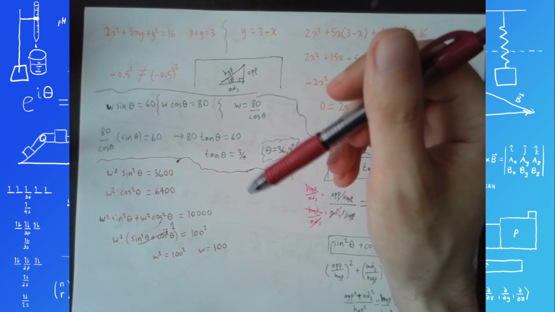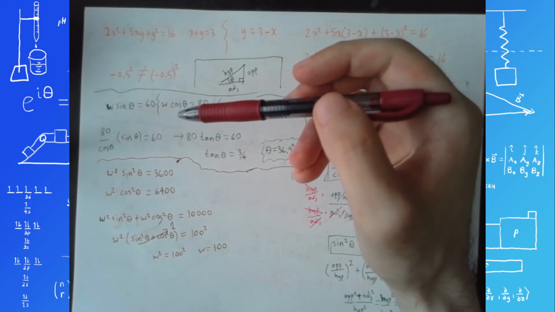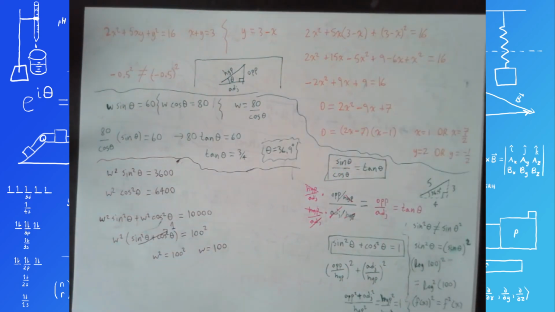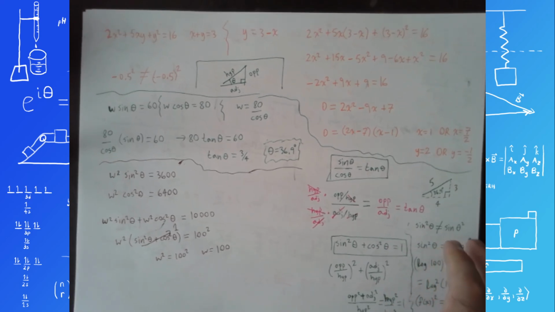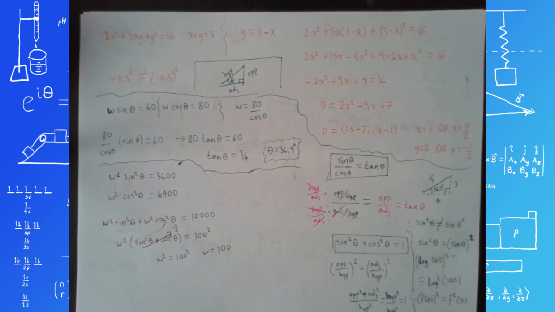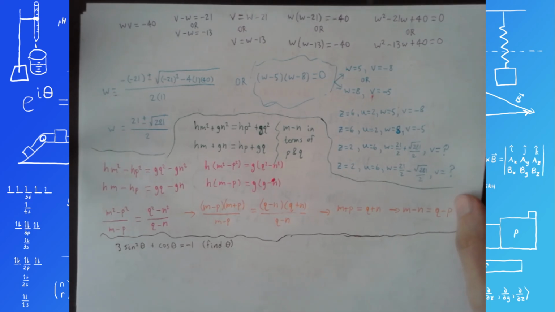So get them all to be sines, or get them all to be cosines, or get them all to be tangents, if you can. That's easier said than done in a lot of cases. So that's going to be the same strategy that we use here.